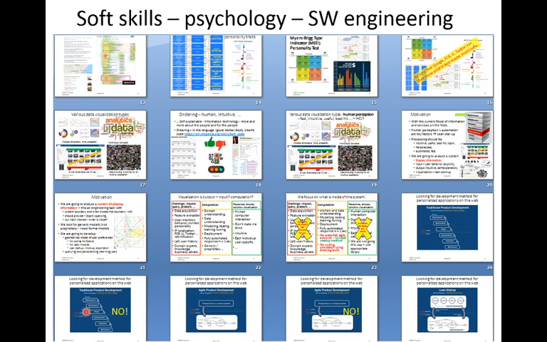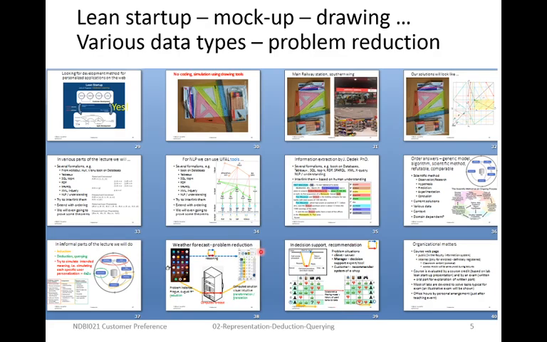Here we say that probably waterfall will not be the right model, and even extreme programming not, because there is a customer. What is most important for us is the lean startup methodology, where we don't have a customer, and we are on the side of the implementation, and we even do not know how.